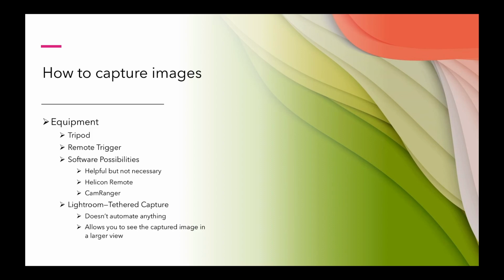And then you will go in and you will find the point that's closest to the camera lens, and you will get it in focus. Then you will tell the software what the farthest point is that you want to get in focus. And then it will tell you how many images it needs to take to get you to that point. Once you're ready and you have your exposure the way you want it and so on, you will hit take pictures and it will start taking the pictures until it gets through.